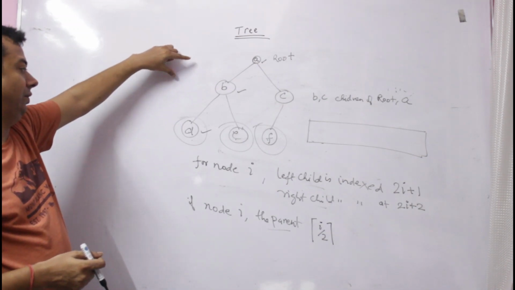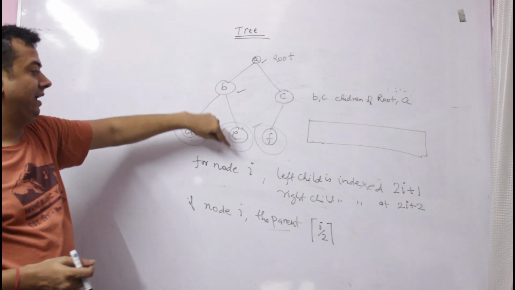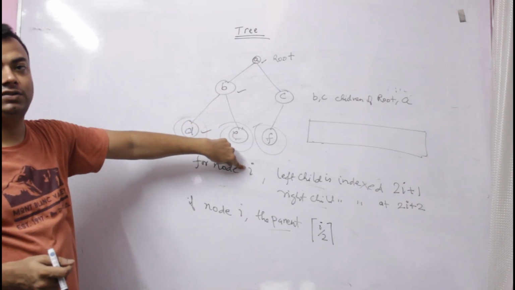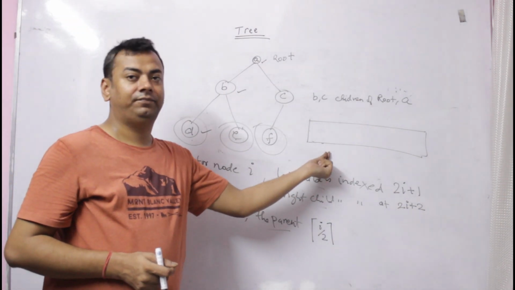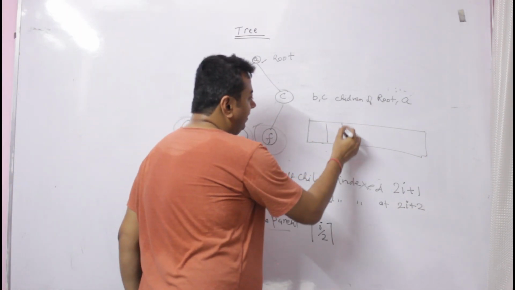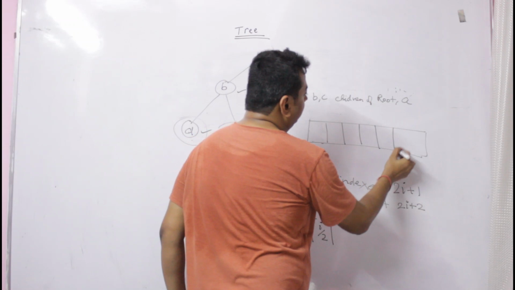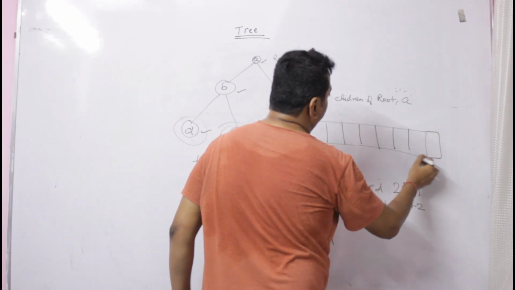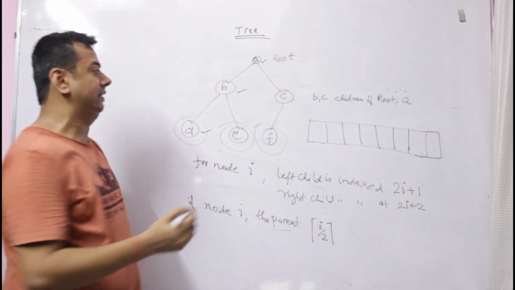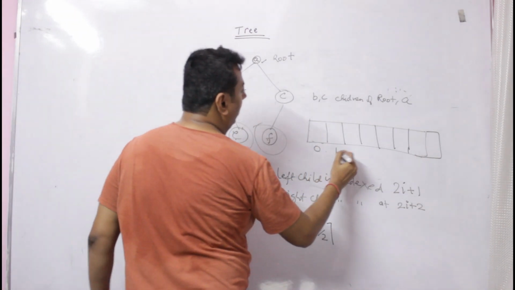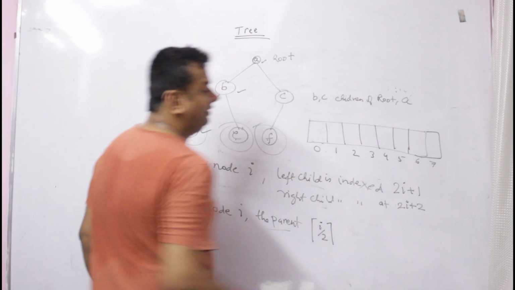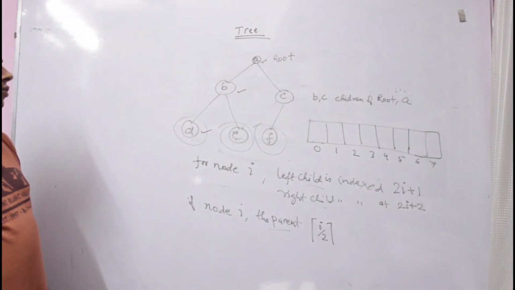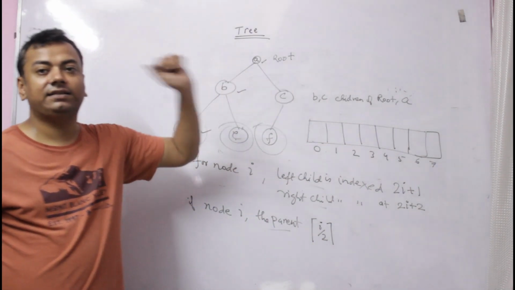Now we will see for any node i. So what is i? i is the index in this array. So in this array, this is index 0, 1, 2, 3, 4, 5, 6, 7. The root is always at index 0.